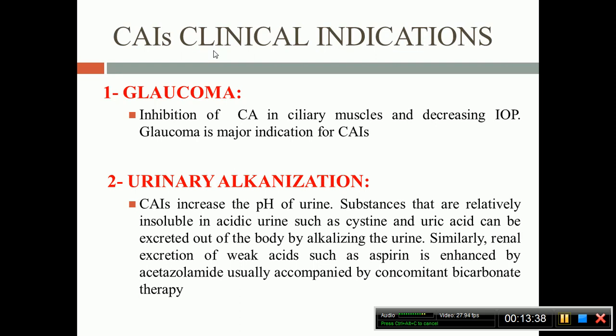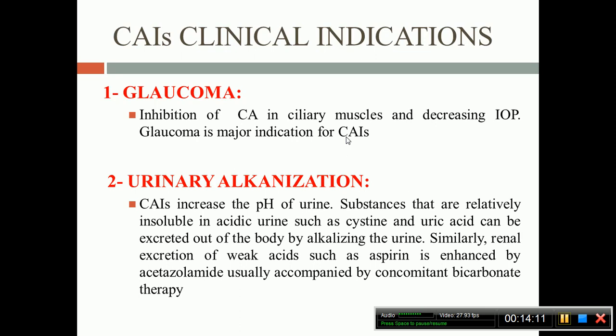So this is the major indication for carbonic anhydrase inhibitors, because carbonic anhydrase has an important role in forming or maintaining intraocular pressure. So inhibition of carbonic anhydrase in ciliary muscles decreases intraocular pressure, and glaucoma is a major indication for carbonic anhydrase inhibitors. Then the other indication is urinary alkalinization.